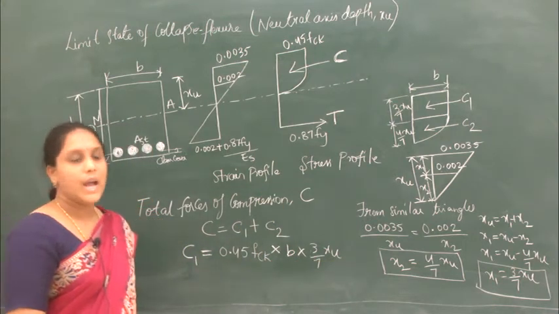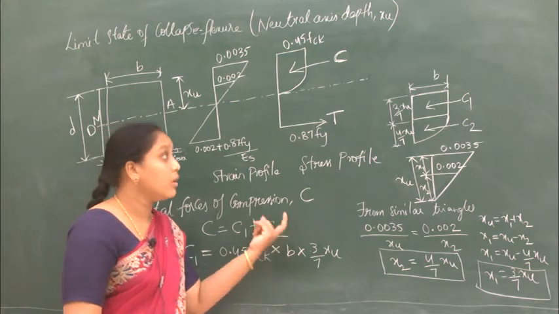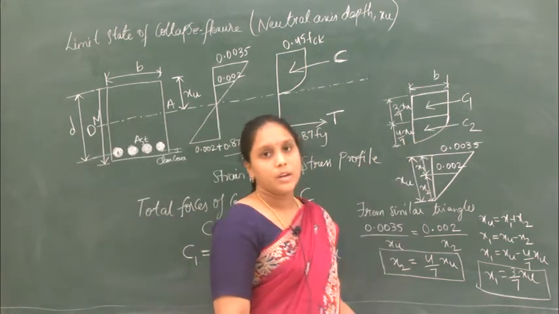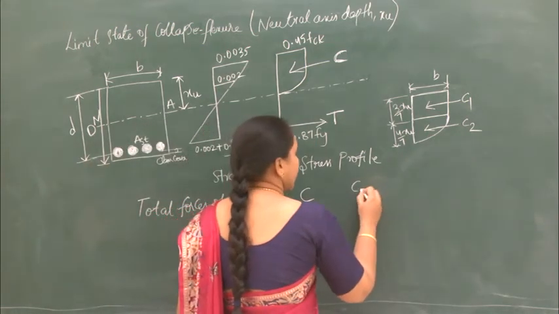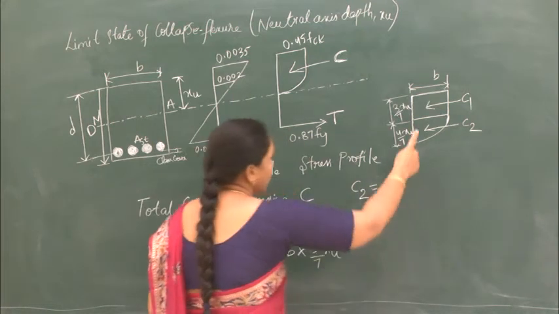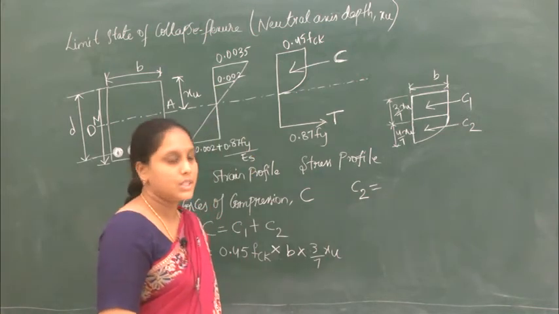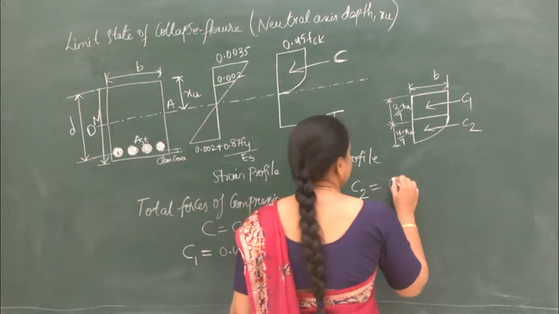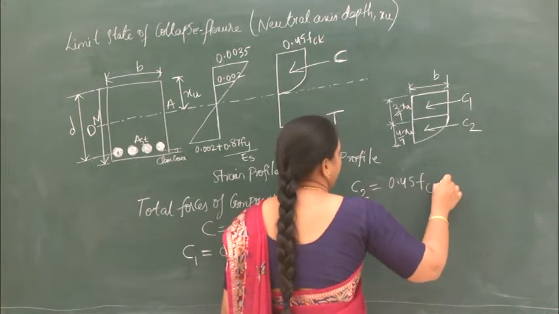Now let us calculate the compressive force C2 for the parabolic portion. Here also, force is stress into area. The stress is 0.45 fck into the area.